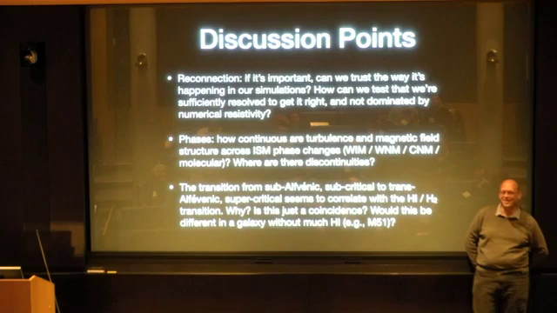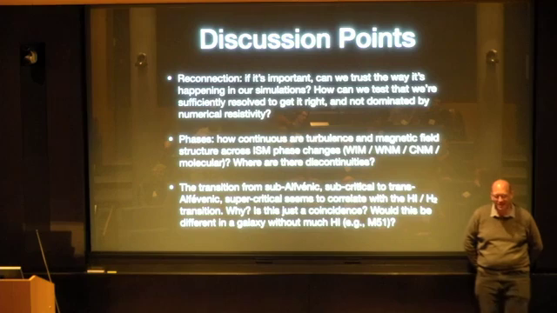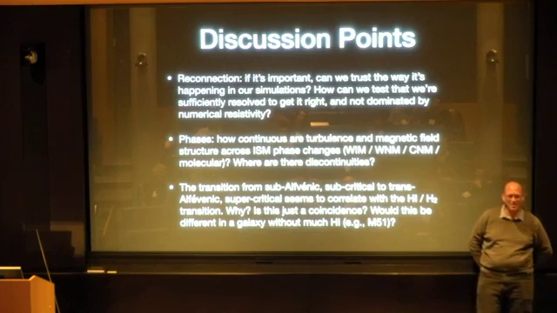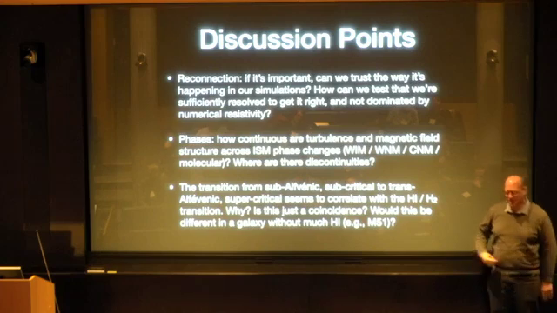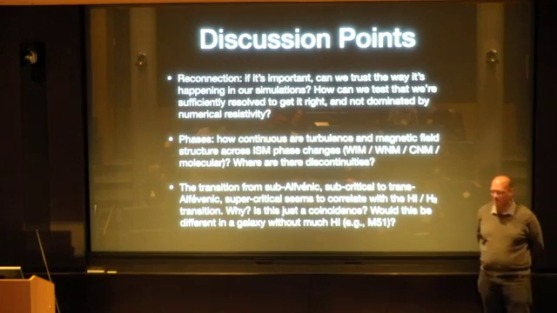Well, I'd say the WIM and the WNM are certainly different. You can map the WIM with H alpha, and you can map the WNM with H1, and they don't look the same. They're definitely different phases.